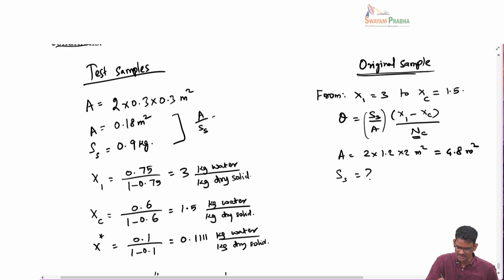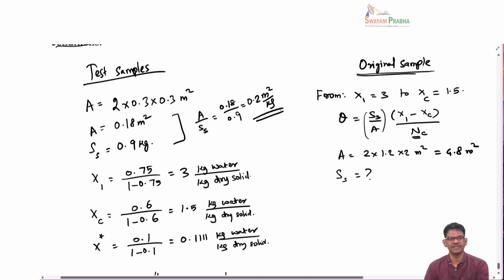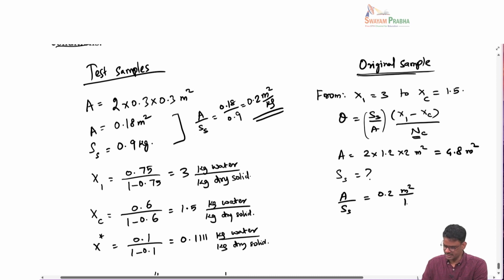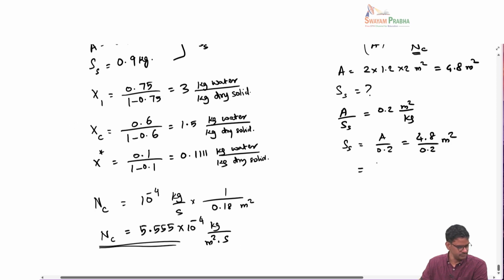A by SS is 0.18 by 0.9, which is 0.2 meter square per kg. We'll keep this the same for the original sample also. Since total area is given, the mass is A by 0.2, so you get 24 kilogram.